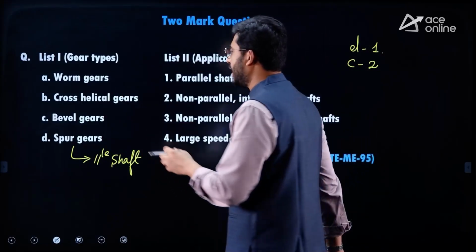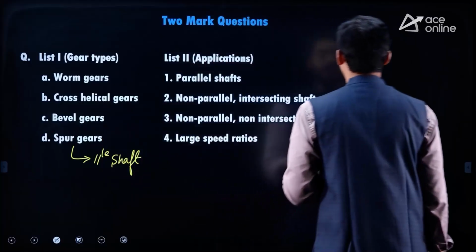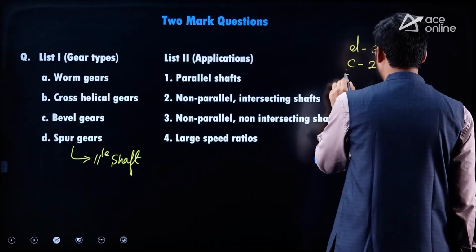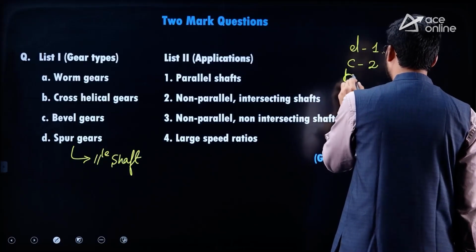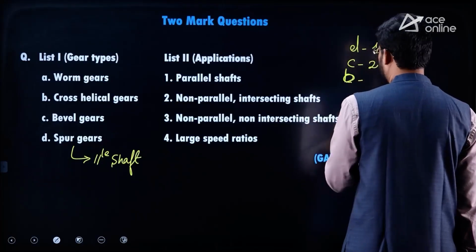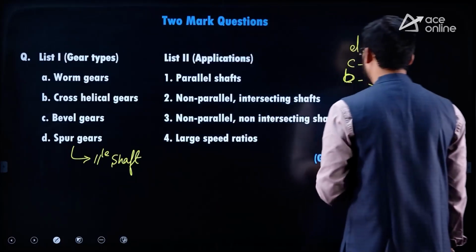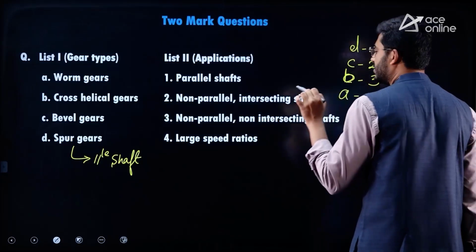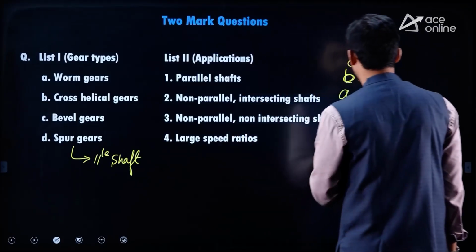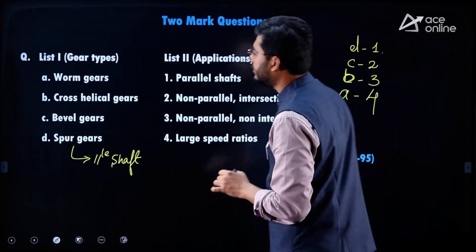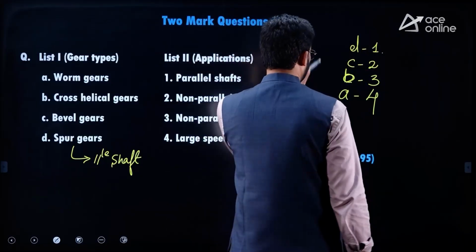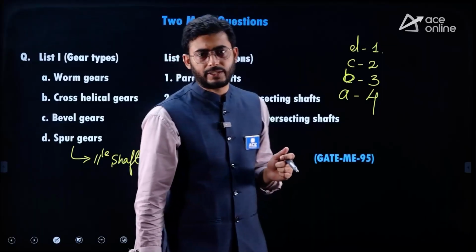So as of now, the crossed helical gears, it is used for the non-parallel and non-intersecting shaft axis, that is B3. Same way, the worm gears, it is used for large speed reduction ratios, that is A4 it would be. Okay, so this is the combination, kindly go through it.